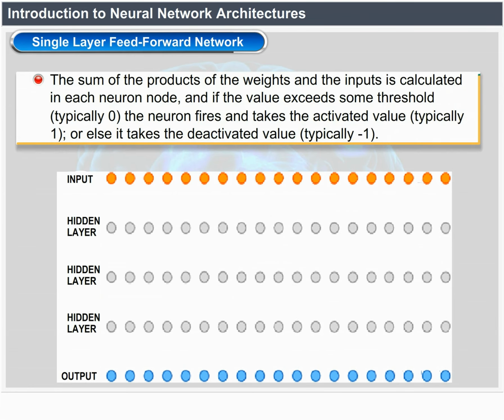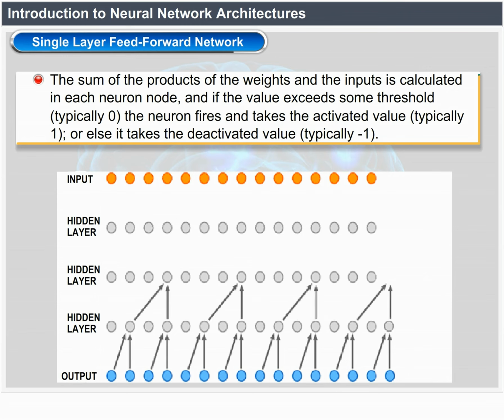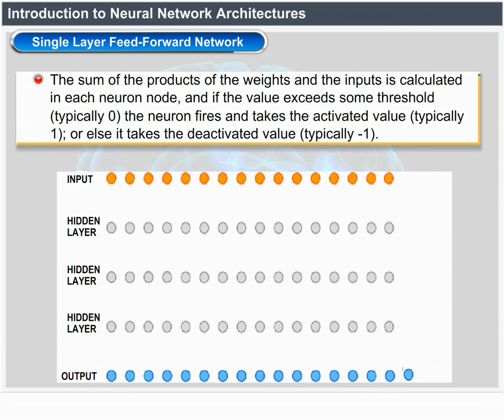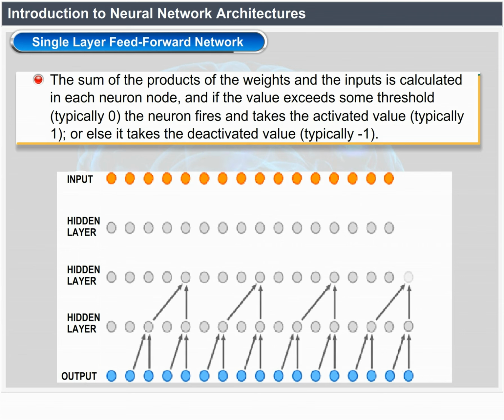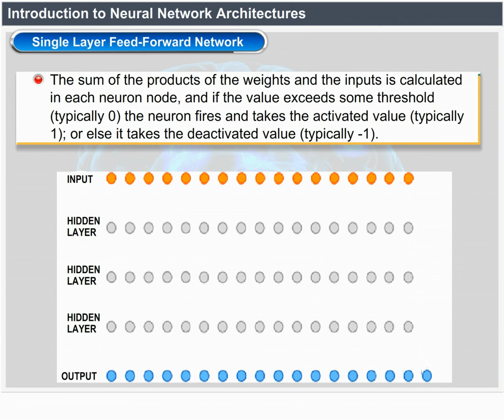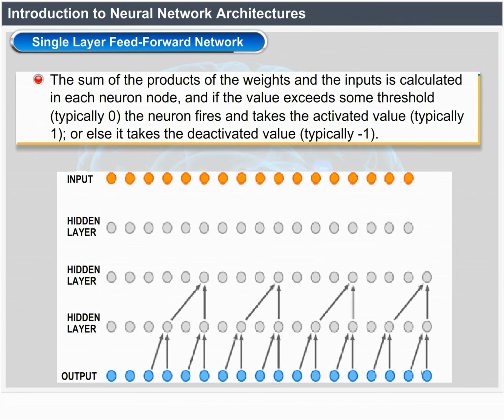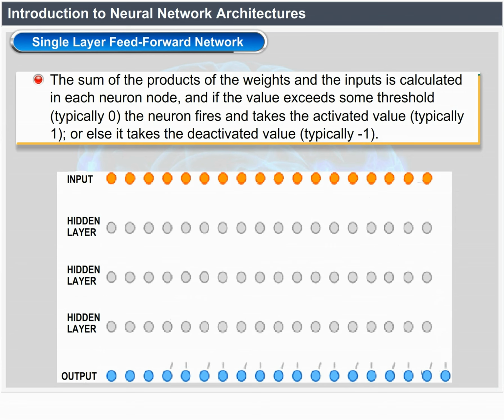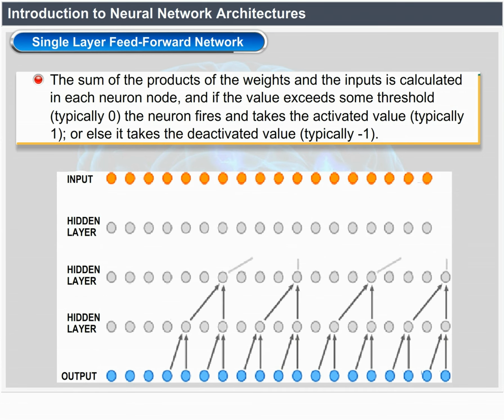The sum of the products of the weights and the inputs is calculated in each neuron node, and if the value is above some threshold, typically 0, the neuron fires and takes the activated value, typically 1. Otherwise, it takes the deactivated value, typically -1. A single layer feed-forward network is shown in the below picture.